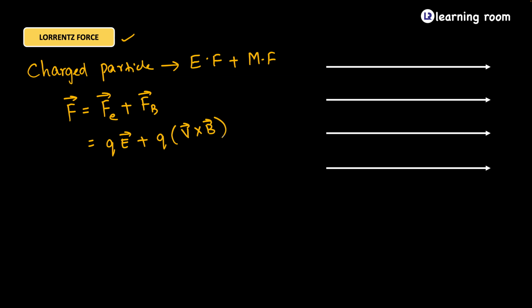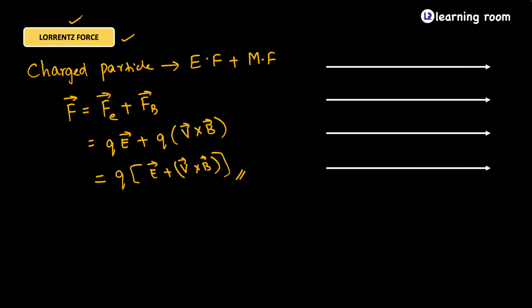So what is common among both? The scalar quantity Q. If you take it out, it can be written as E vector plus V vector cross B vector. And this is what is called the Lorentz force. So the Lorentz force basically speaks about the combined force that acts when a charged particle is moving in the presence of both electric and magnetic fields.